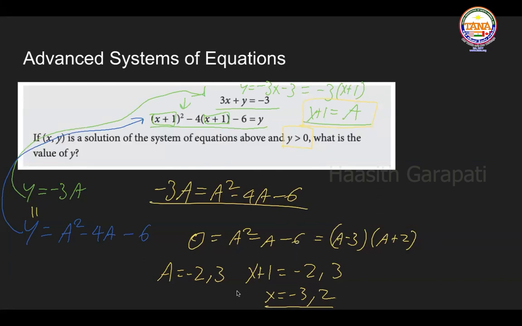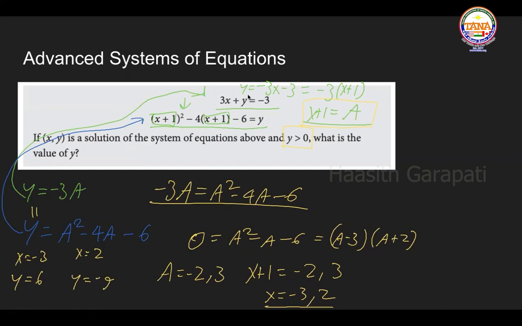Okay, simple enough. Let's just find the situations where the y variable is greater than 0. So, let's take when x is equal to negative 3, let's plug that into the first equation. What do we get? We get y is equal to 6. And then if we take x is equal to 2 and plug that into the first equation, we get negative 9, I believe.